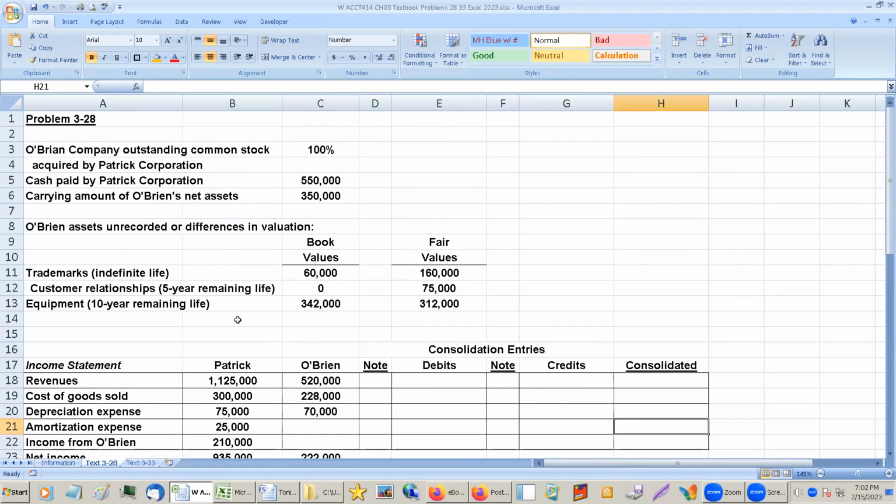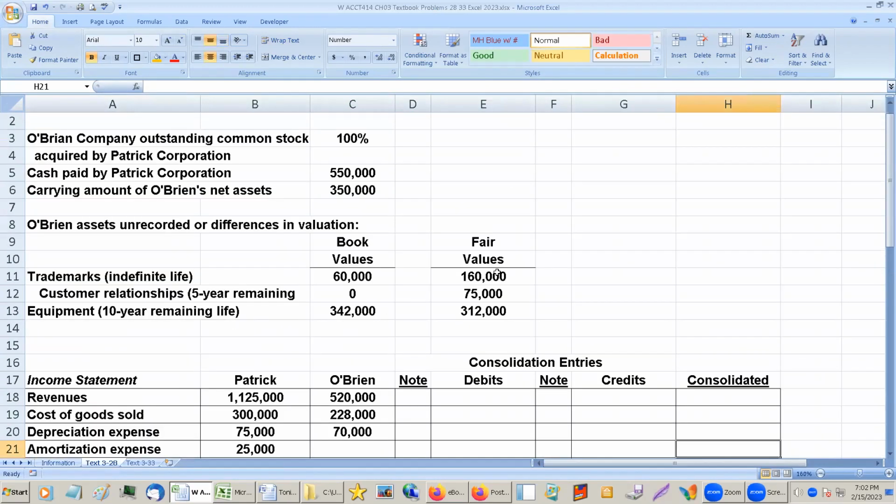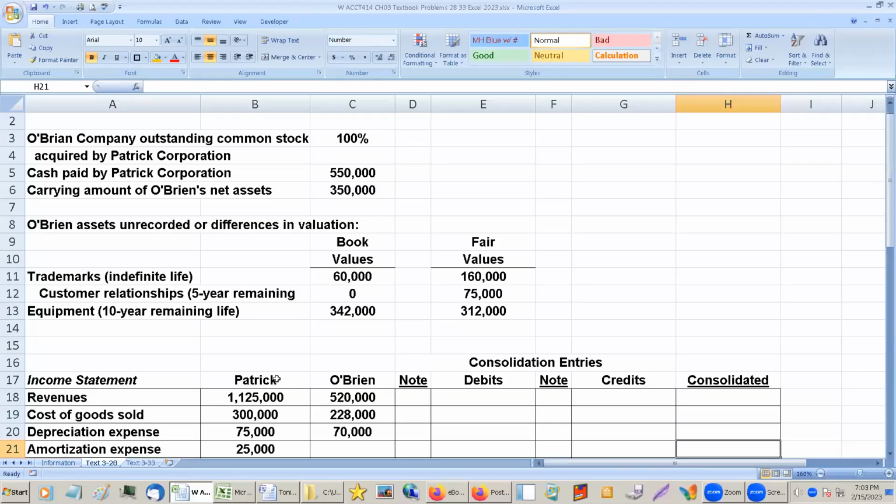So I think we all know kind of how to make the journal entries now, and now it's kind of trying to get the numbers, so seeing them given in different formats. And one thing that the CPA exam is kind of notorious for doing is giving it to you in a bunch of different formats. They'll give you some information directly, some indirectly, and so on and so forth.